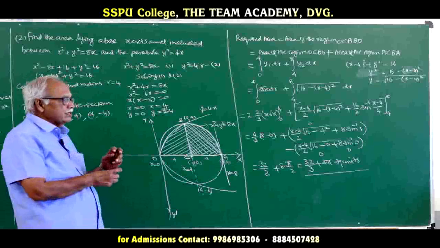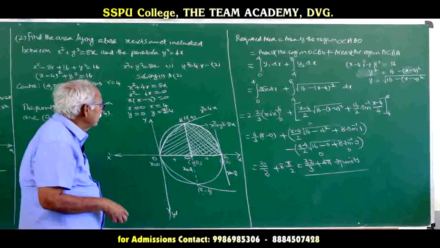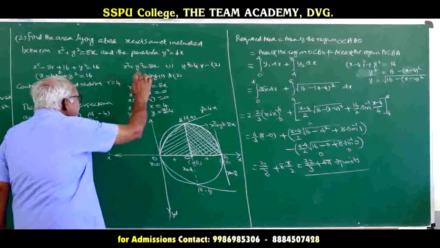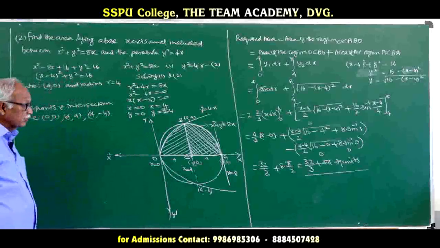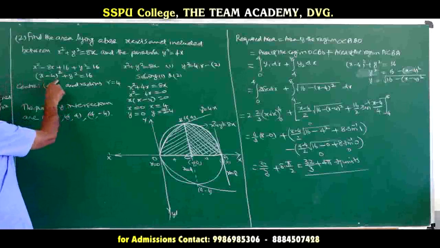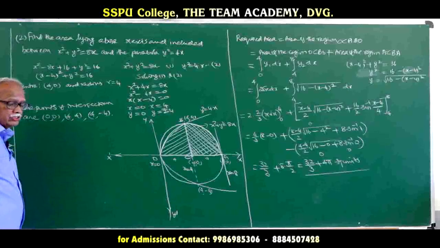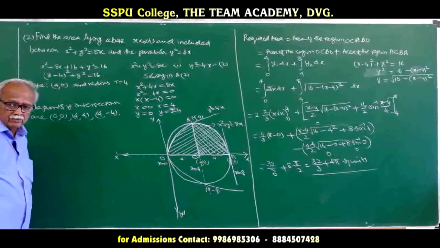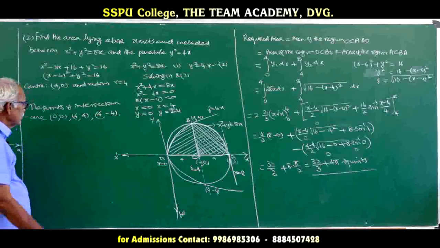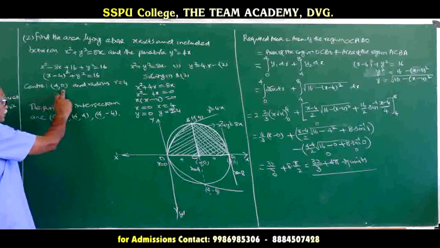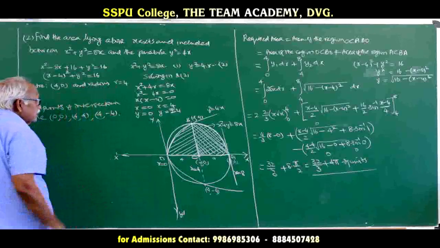So, what are all the things that we have learnt here? The circle equation is given differently, x square plus y square is equal to 8x. So, we first complete the circle equation in the standard form, (x minus h) whole square plus (y minus k) whole square is equal to 16. The center of the circle becomes (4, 0) and the radius is 4.